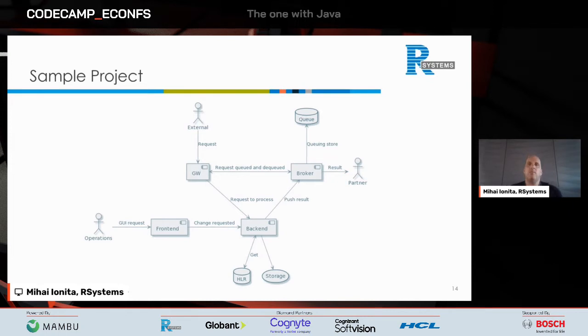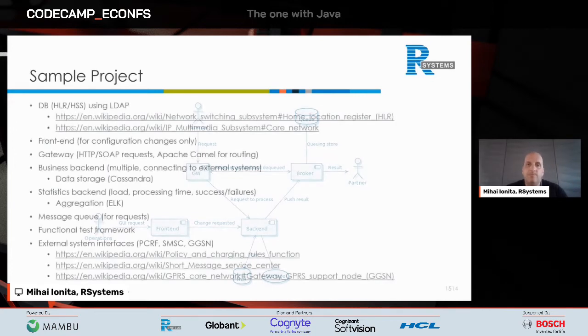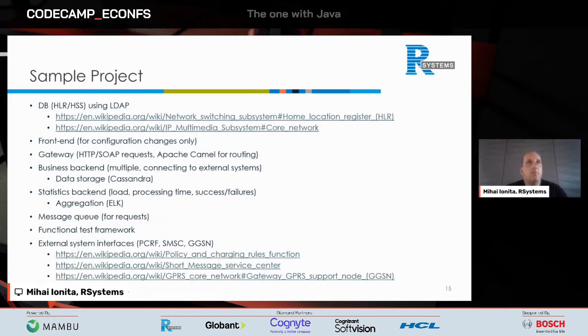I chose this example because this one sits in the middle between entities which are provided by other vendors and is therefore most prone to the usual problems related to functional testing. So, what this comprises of is databases, HLR, like I mentioned, the multimedia system.